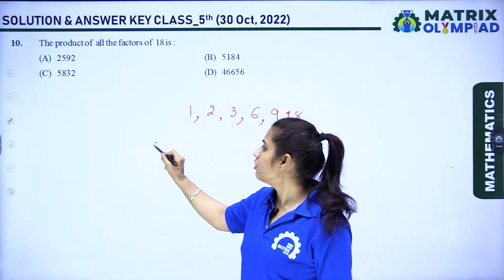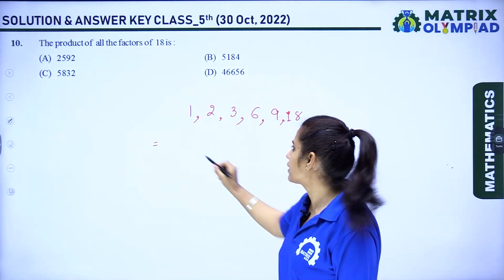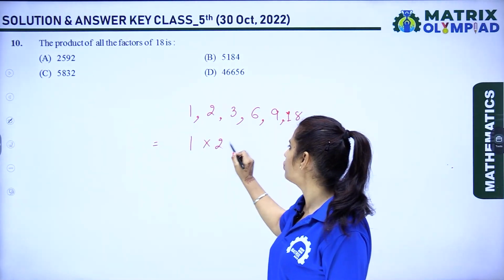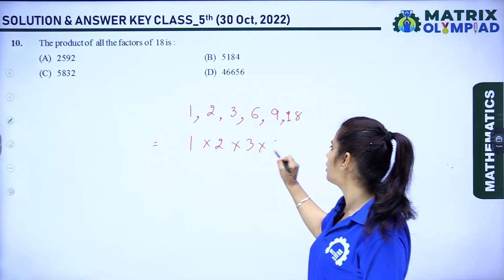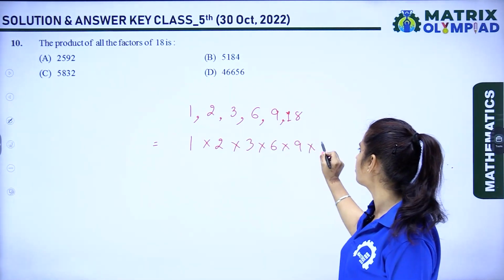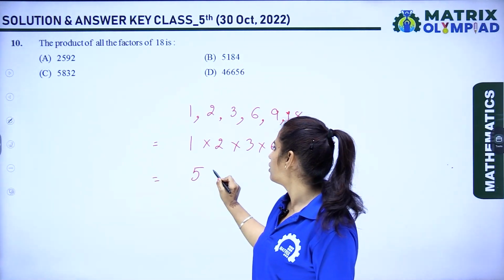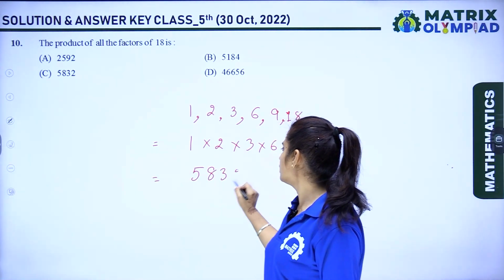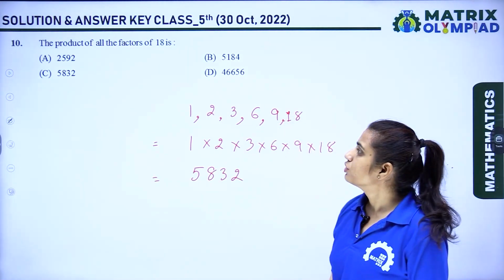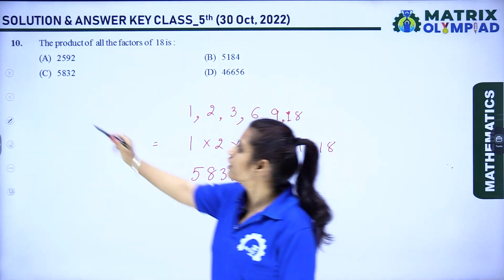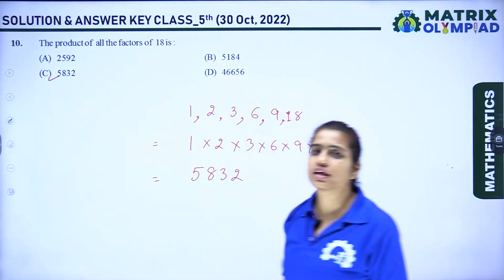So we have to find out the product of all the factors. So 1 multiplied by 2, multiplied by 3, multiplied by 6, multiplied by 9, multiplied by 18 will give us 5832. So according to the option, we can say that option C is the correct answer.